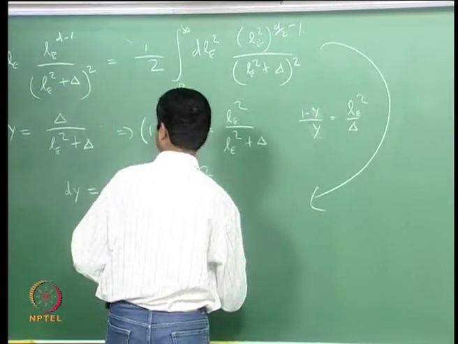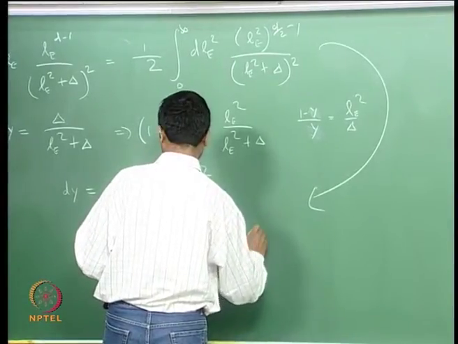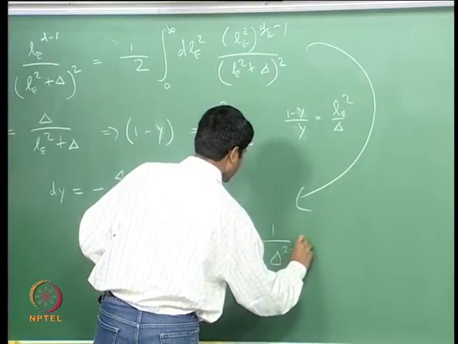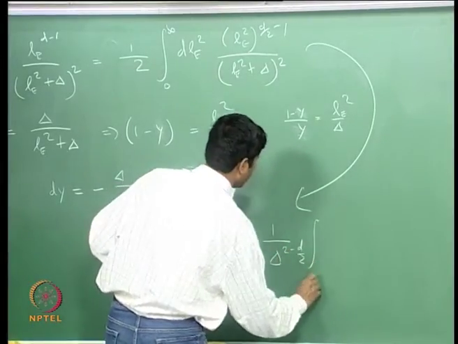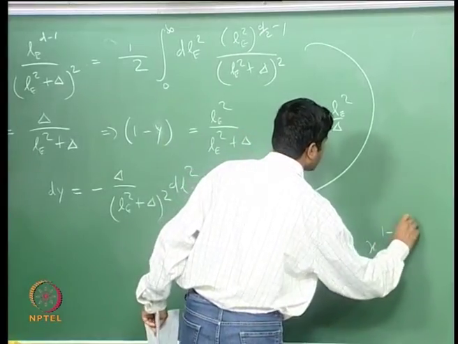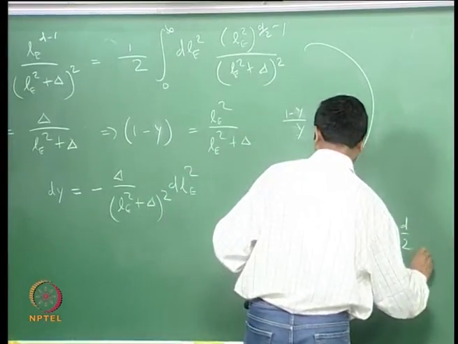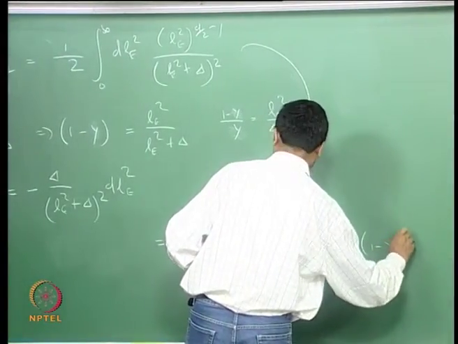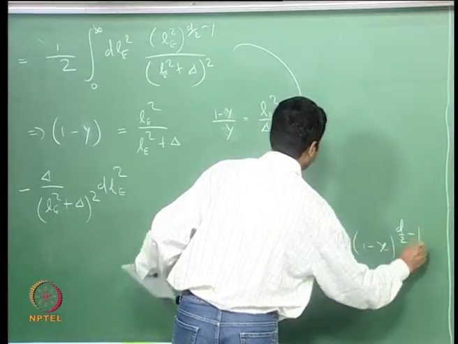So, this is nothing but x to the power 1 minus d by 2 times (1 minus x) to the power d by 2 minus 1.